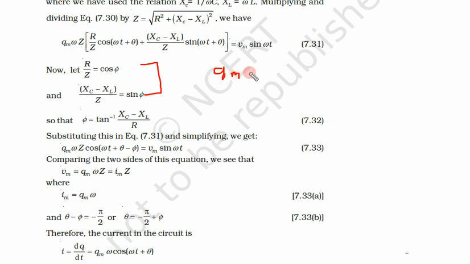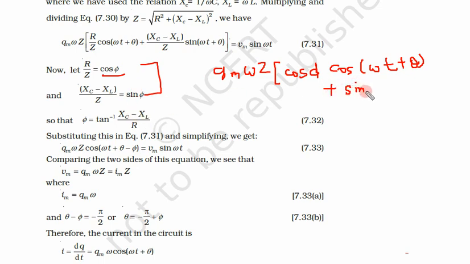We have qm omega z, and this r by z is cos phi, times cos of omega t plus theta. Now we have xc minus xl upon z, this is sin phi, times sin of omega t plus theta. So this is our equation.